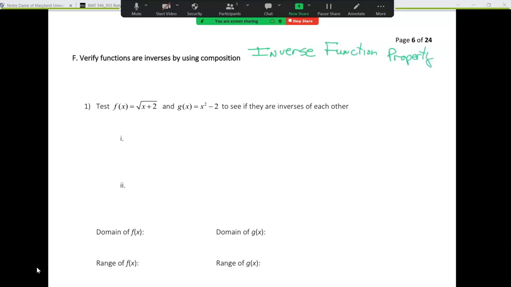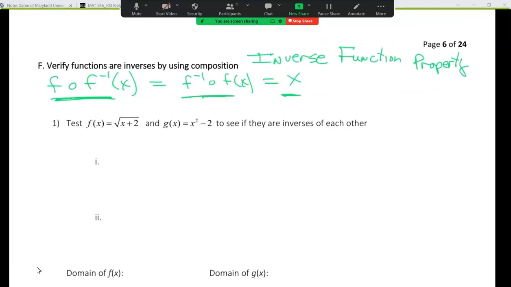In order to know that you have inverses, you have to do this: f of f to the negative 1 of x has to equal f to the negative 1 of f of x, and they both have to equal x. So you have to test both of them. Go this way, you should get x.